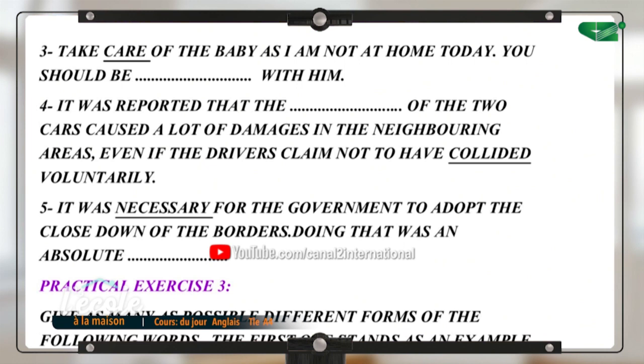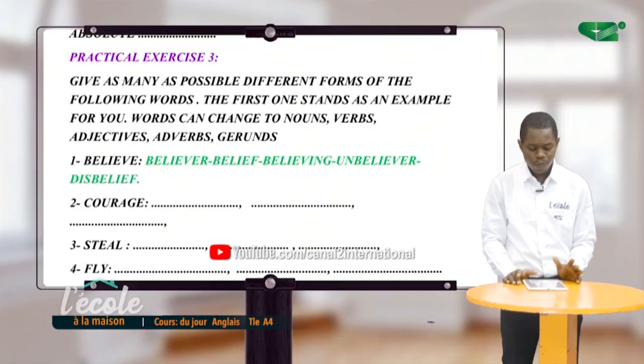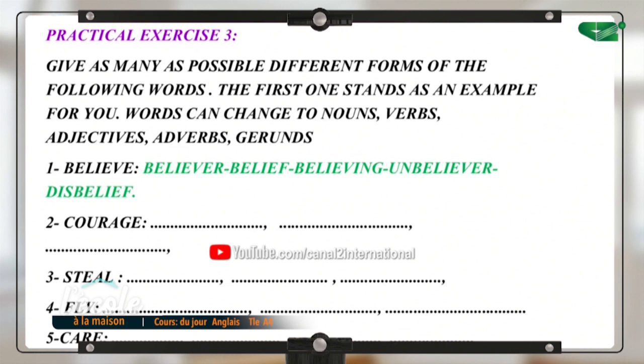Practical exercise 3, which will be our last practical exercise for this lesson. Give as many as possible different forms of the following words. The first one stands as an example for you. Words can change to nouns, verbs, adjectives, adverbs, or gerunds.